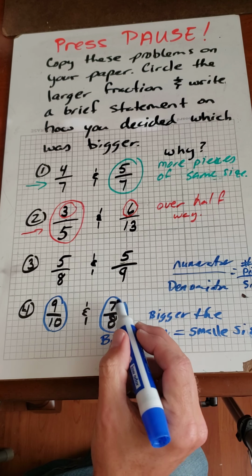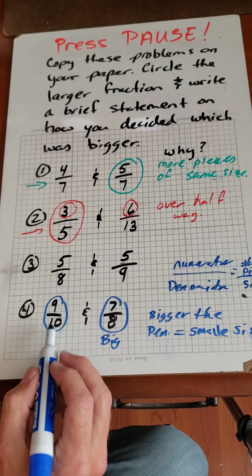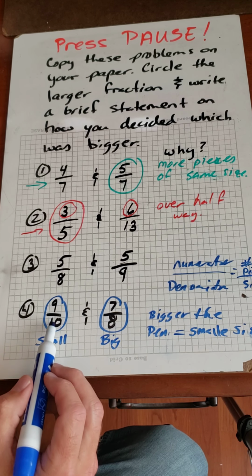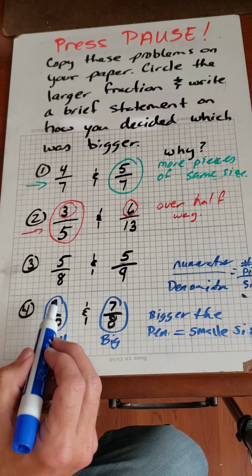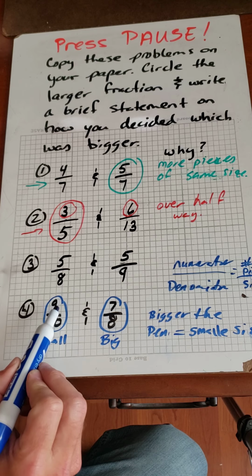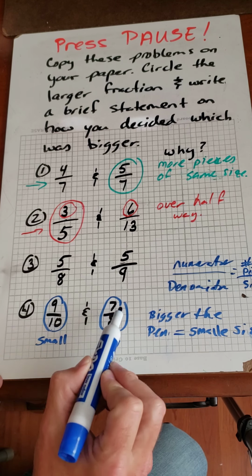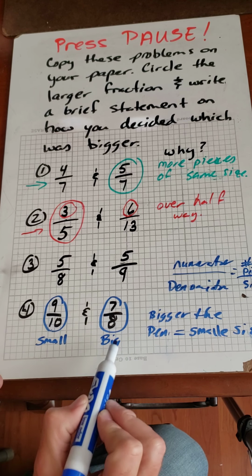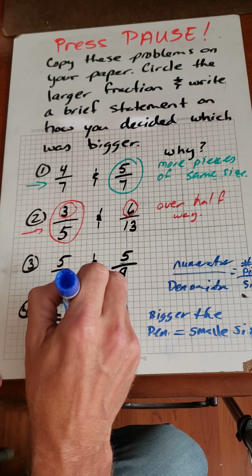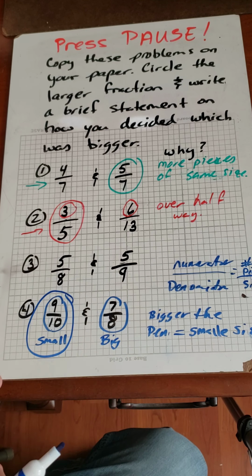So it's missing a large piece. And these are small pieces. And so that means that this one is missing a small piece out of a whole. This is missing a little piece, and then it would be a whole. This is missing a big piece, and then it would be a whole. Since this is missing a smaller piece, that means that this is the bigger number.